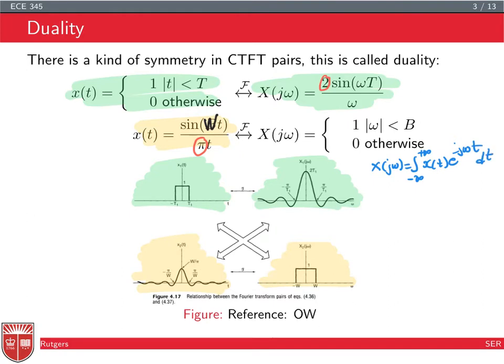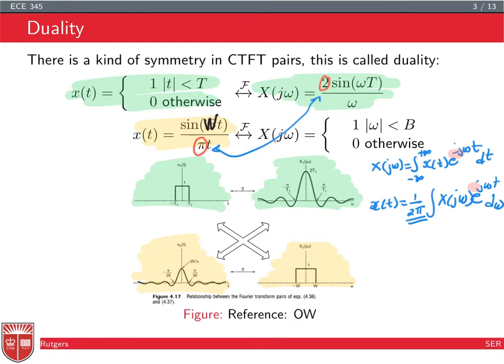And now the inverse transform is kind of the same, except that there is a factor 1 over 2 pi, and this is why you have this little discrepancy here. It is the integral of x of j omega e to the j omega t d omega. The second difference is that here instead of minus omega, there's plus omega, which means that if the signal is not symmetric, you'll see a flip.